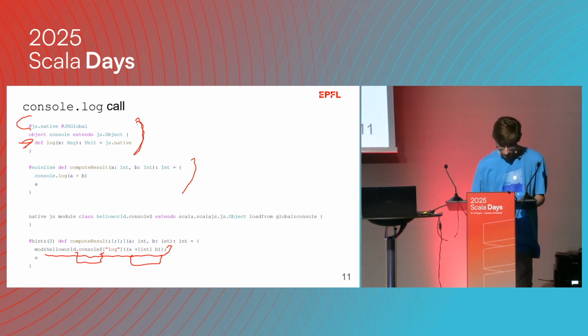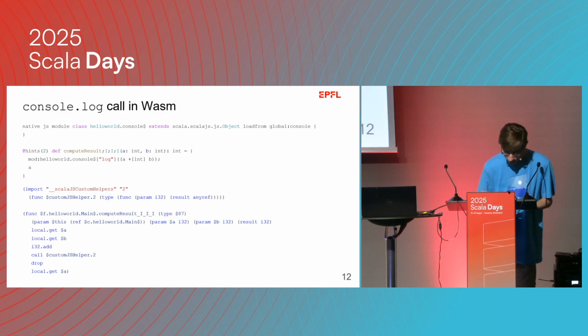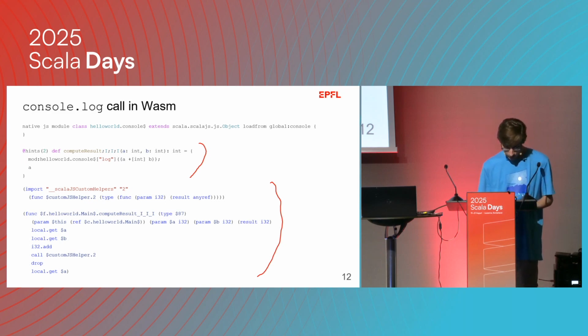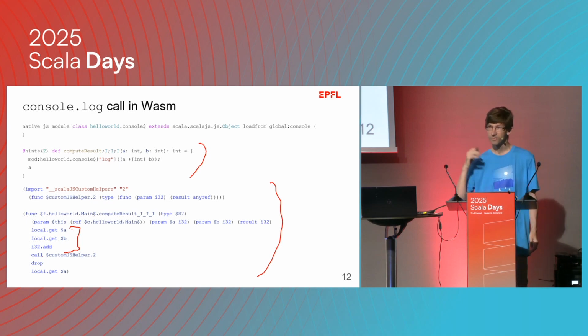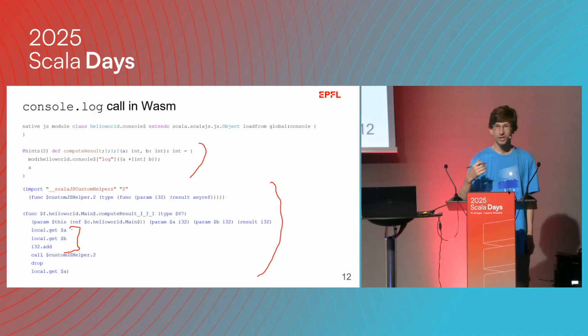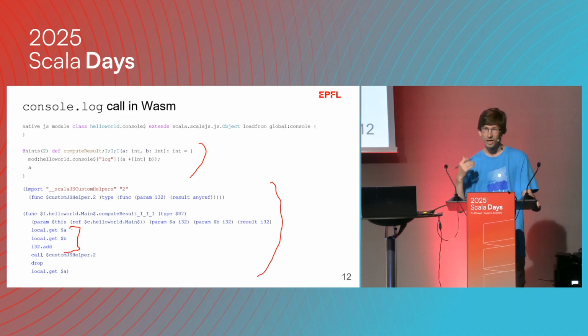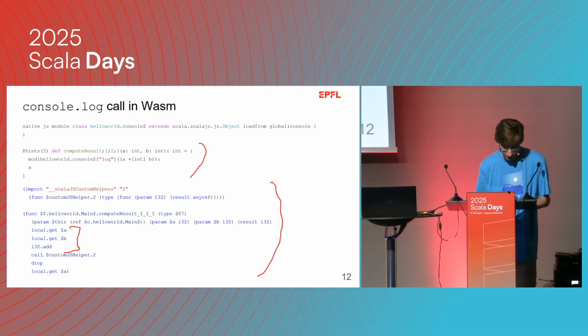All right. So this is the same IR that we just saw, and this is the WebAssembly that we get out of that. So we can do this part here, which you may have gotten familiar with now, that I push A on the stack, I push B on the stack, I perform an addition. So now I have on my stack the result of the addition.